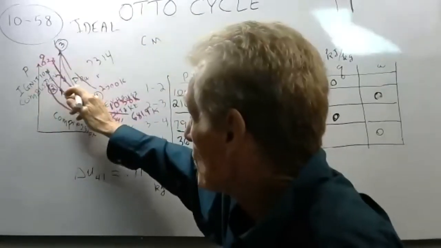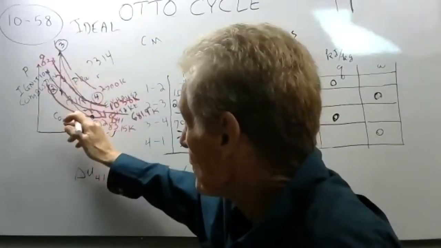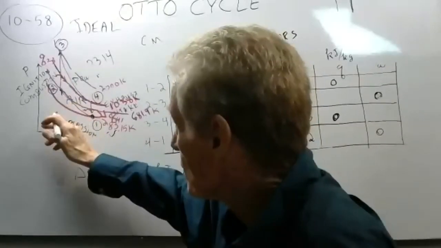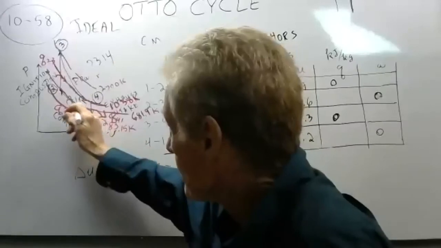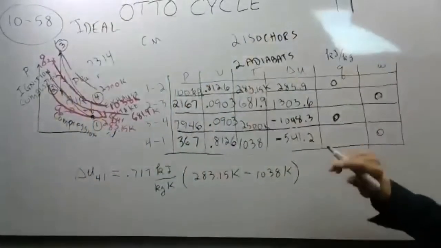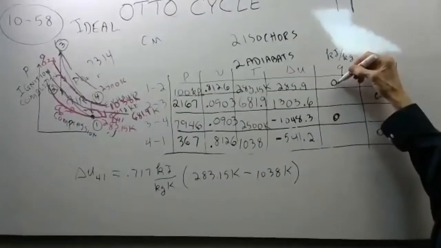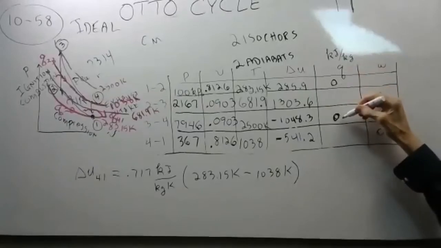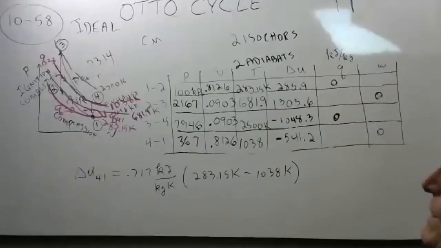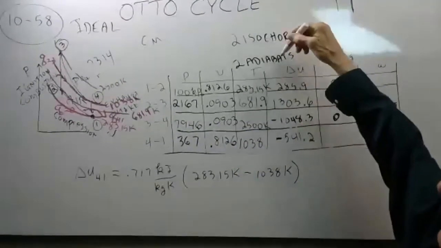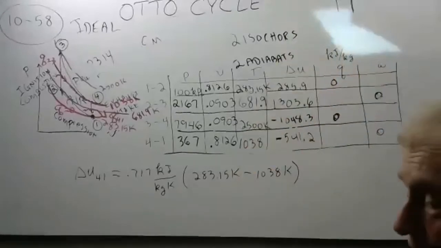But wait a minute, there's no heat transfers between 3 and 4 and 1 and 2. The Q's are 0. Look here, from 1 to 2, the Q is 0. And from 3 to 4, the Q is 0. Because those are adiabats. See, an Otto cycle has 2 adiabats and 2 isochores.